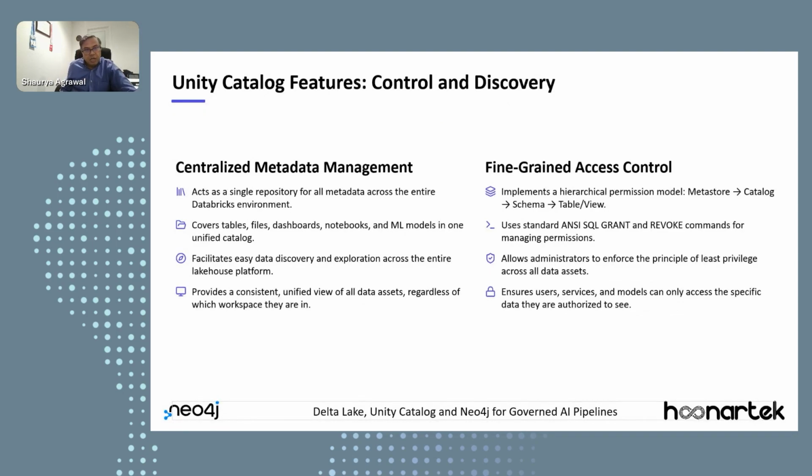It helps you do central metadata management. So for example, if I create a notebook in Databricks, I can maintain and govern it centrally. In fact, I can move that notebook to another application, and I can still track and manage its metadata.